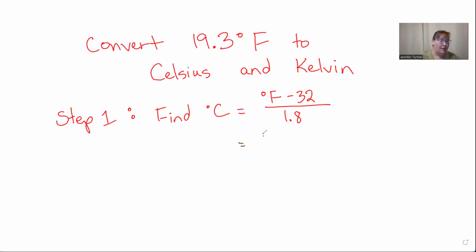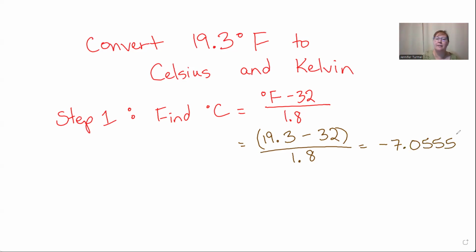Okay, so we have 19.3 minus 32 divided by 1.8. And again, you should be pausing and practicing this on your calculator. Your calculator is going to give you the value of negative 7.0555, et cetera, et cetera.